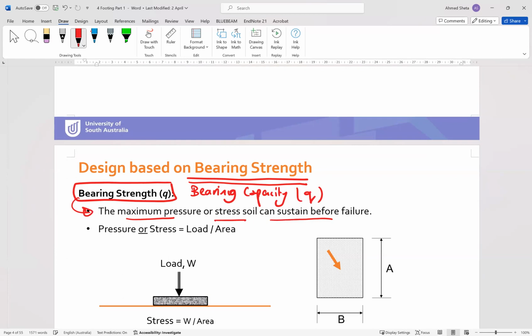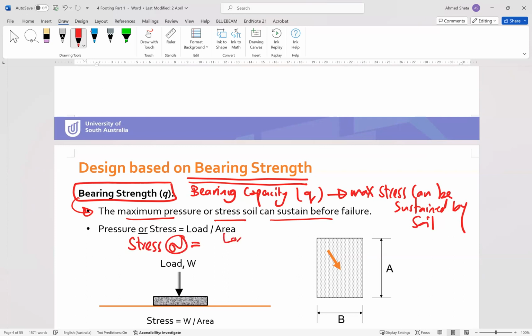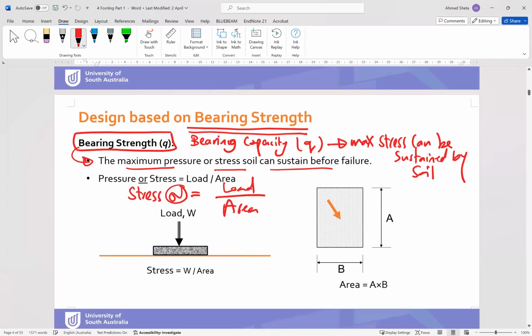So the capacity is the max stress that can be sustained by soil. Okay, and if we give the stress the symbol sigma, then stress equals load over area. So this is the general formula for the stress, load over area.